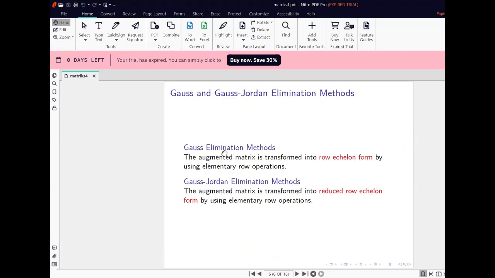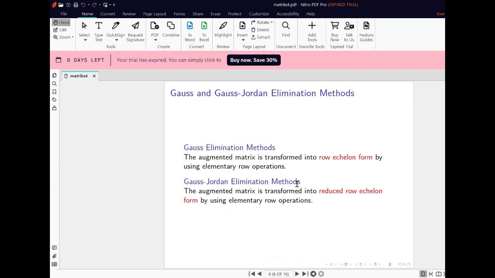The method where the augmented matrix is transformed into row echelon form only, not row reduced, is called Gauss elimination. But when you transform the augmented matrix into row reduced echelon form, it's called the Gauss-Jordan elimination method.